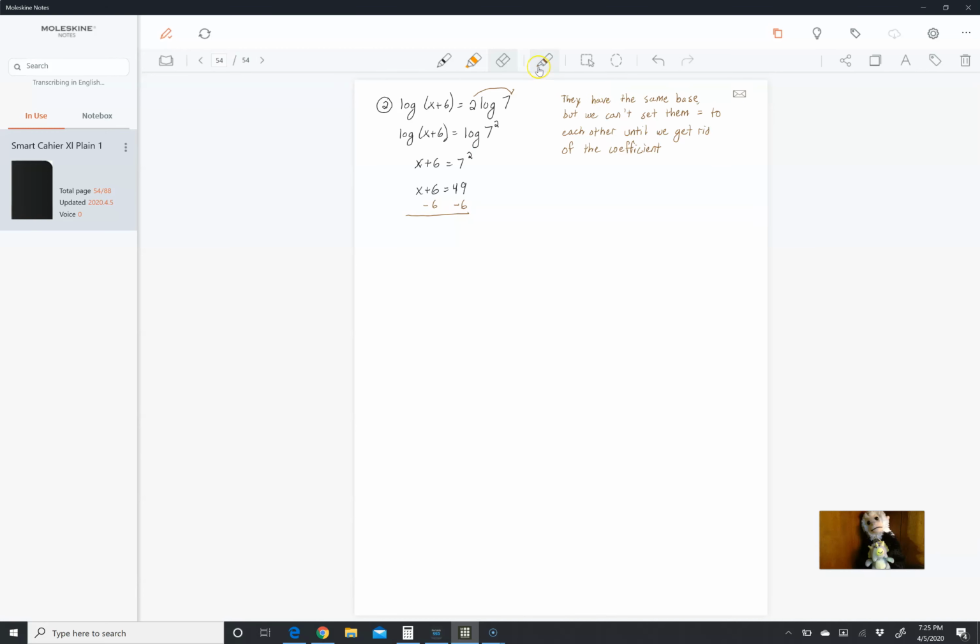So this gives us x equals 43. And we're going to just double check. 43 plus 6 is greater than 0. So this is an answer. It's not extraneous. You have to check for those extraneous solutions.